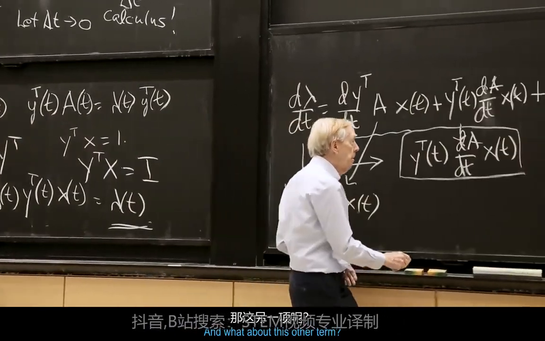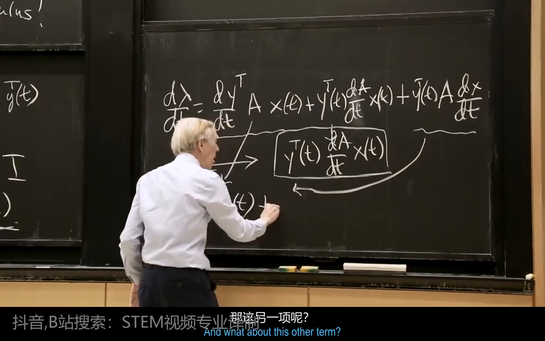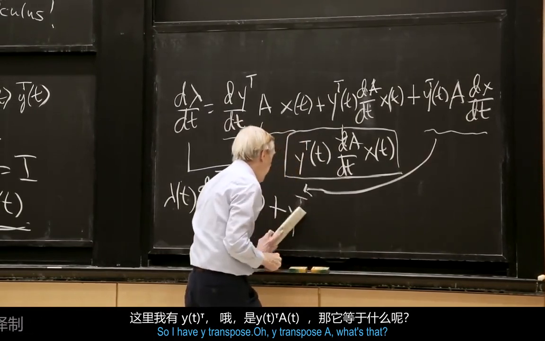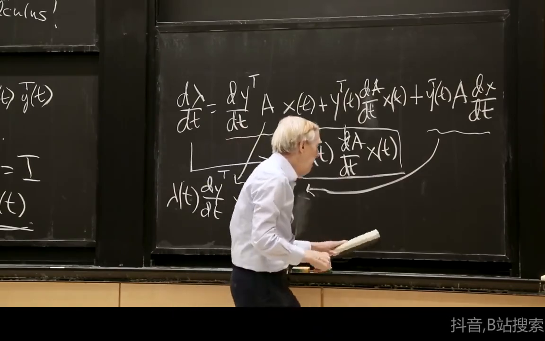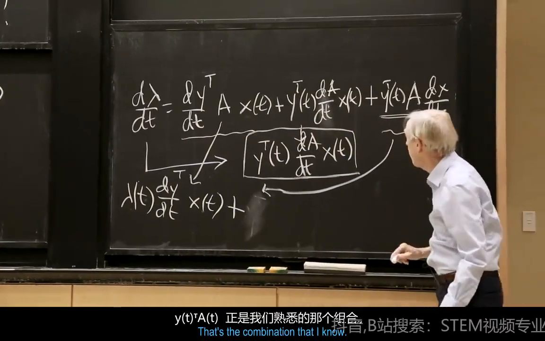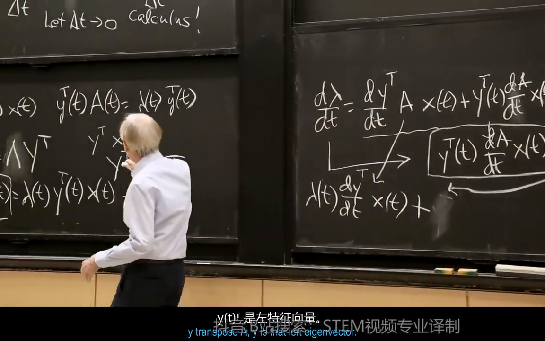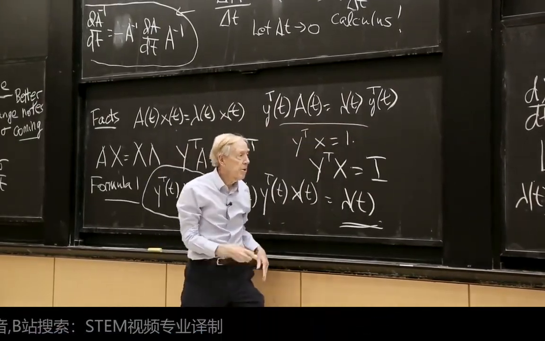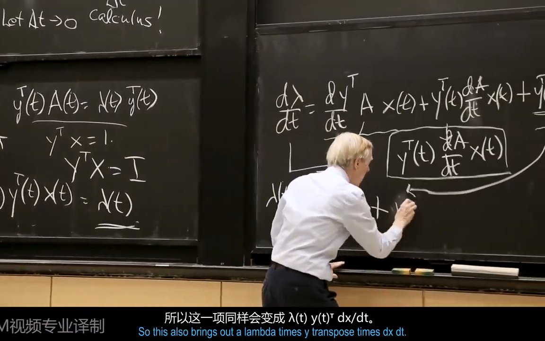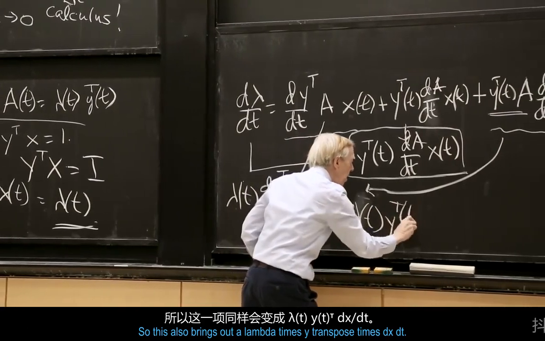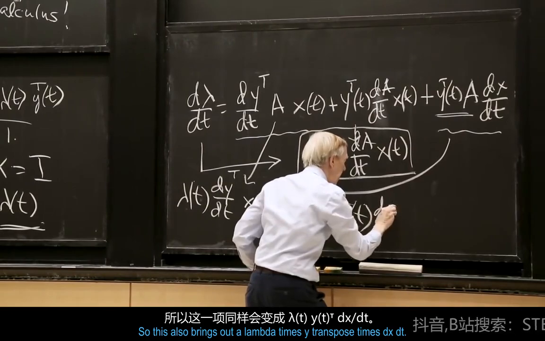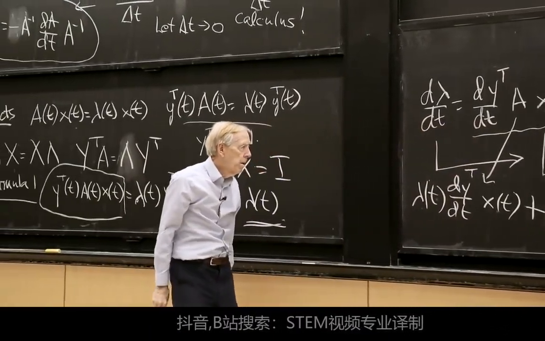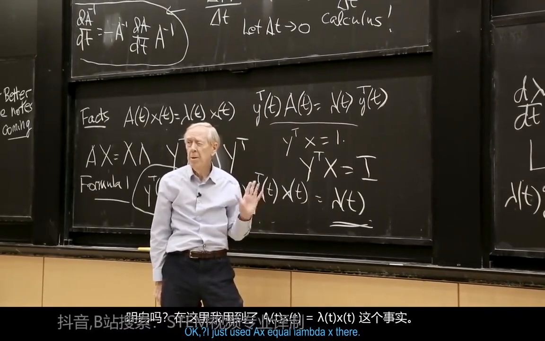And what about this other term? I have y transpose A. What's that? That's the combination that I know. y is that left eigenvector. y transpose A brings out a lambda. So this also brings out a lambda times y transpose times dx dt.